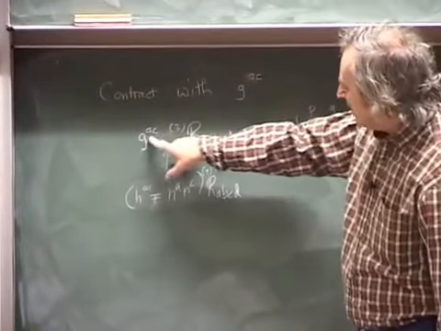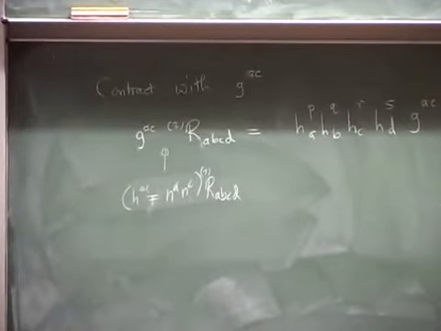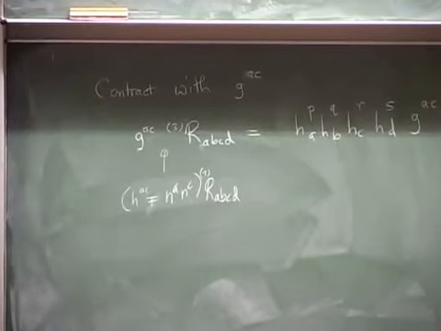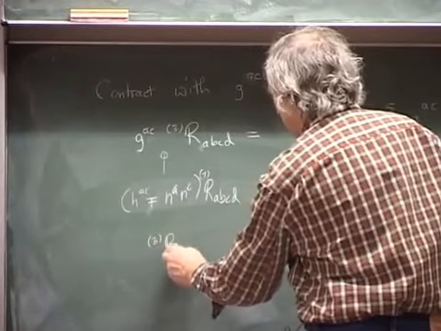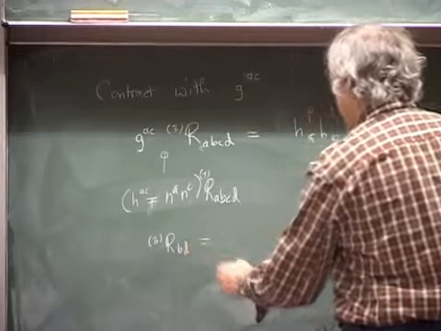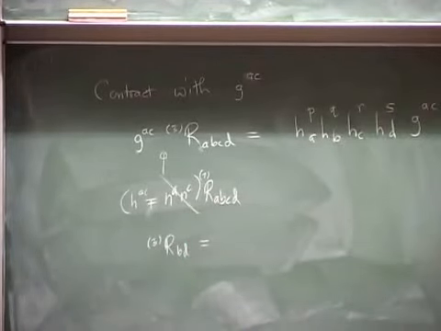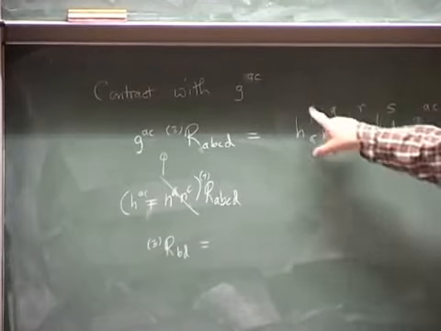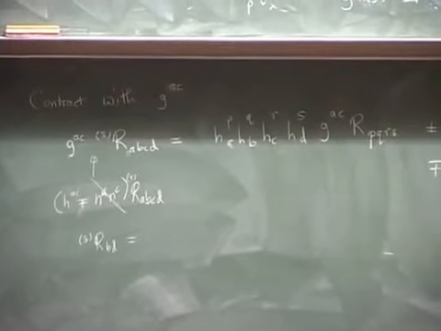So contracting with g^AC is the same thing as contracting with h^AC. That means you can regard this thing as being the three-dimensional Ricci tensor, R_BD, because these terms don't give you anything. Here you have g^AC h^A_P h^C_R, which is of course just the same thing as h_PR.